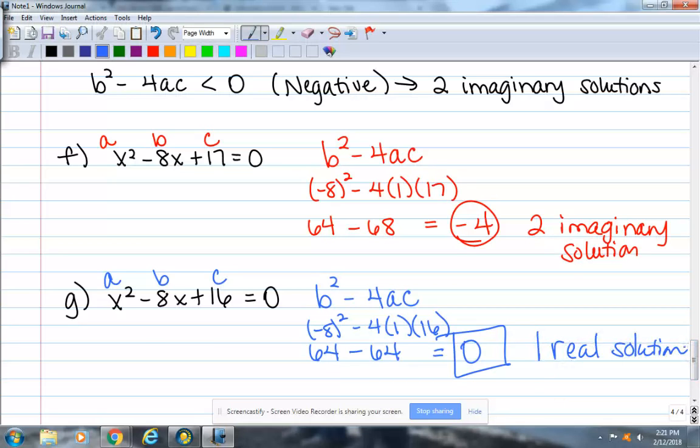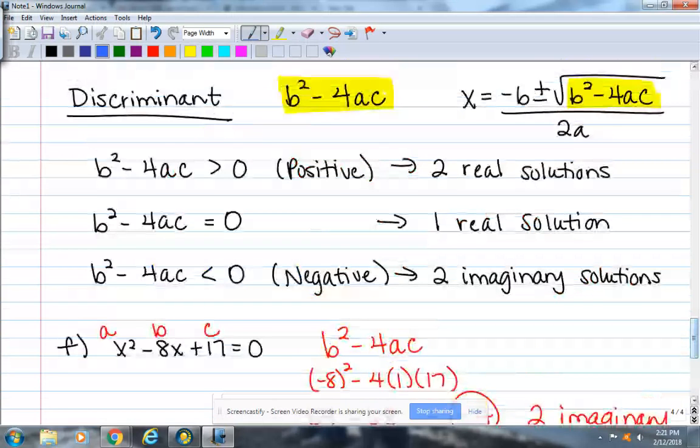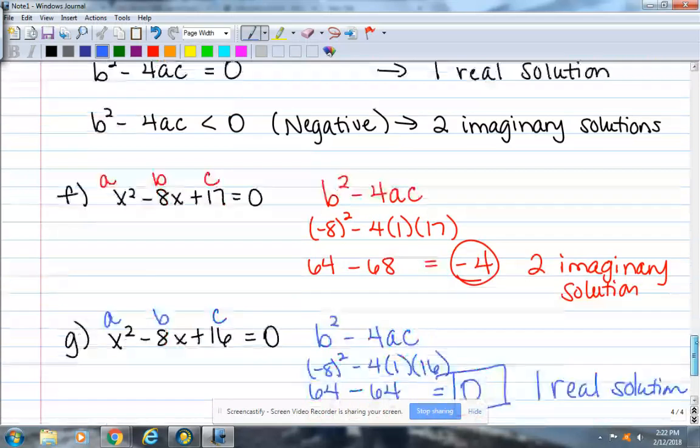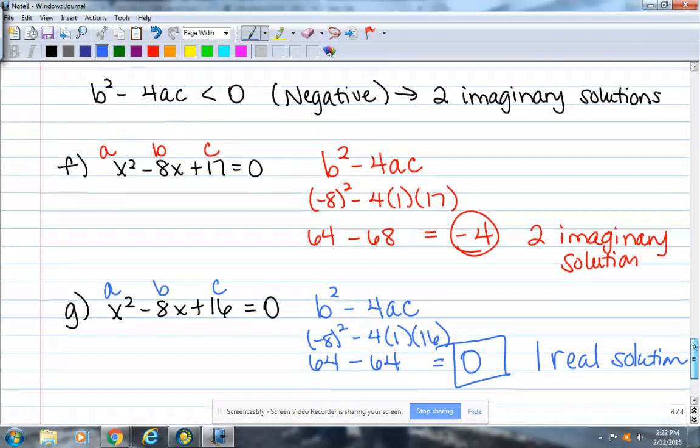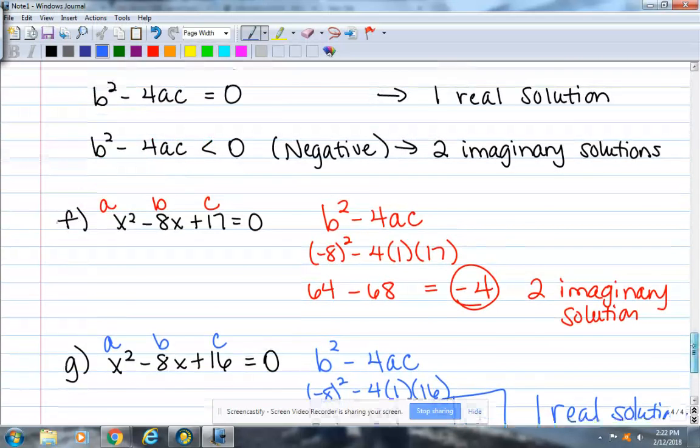So how do you know about the alligator mouth? What are those things for? Less than, equal to, greater than. It's not part of the problem.